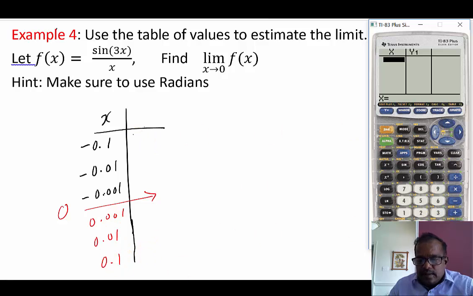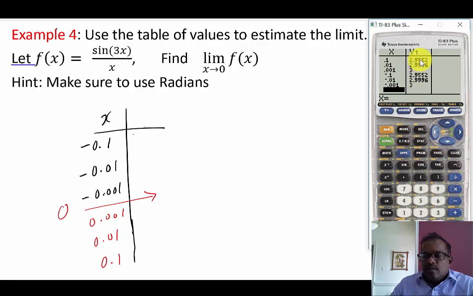Let me go from the right, say 0.1, 0.01, and then 0.001. We got the table like this. And then from the other side, negative 0.1, negative 0.01, and negative 0.001.